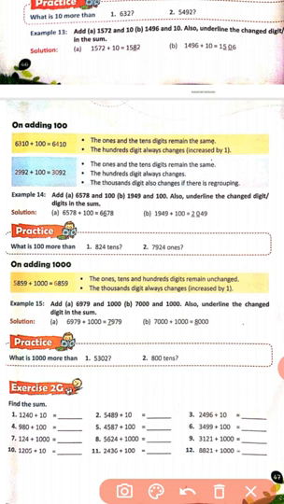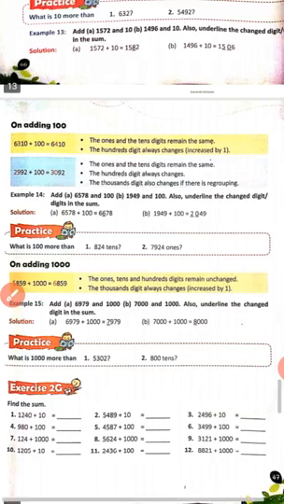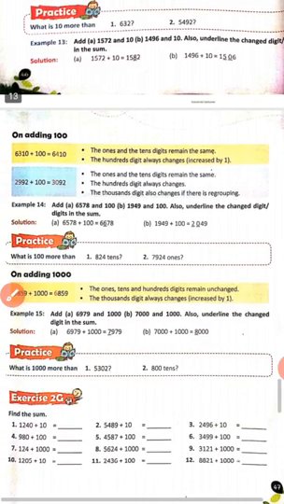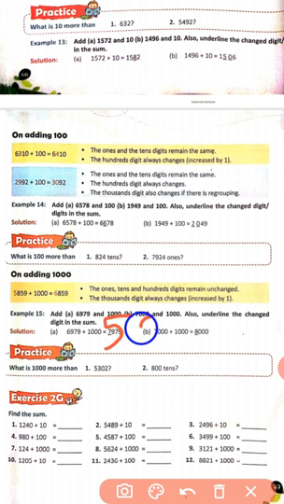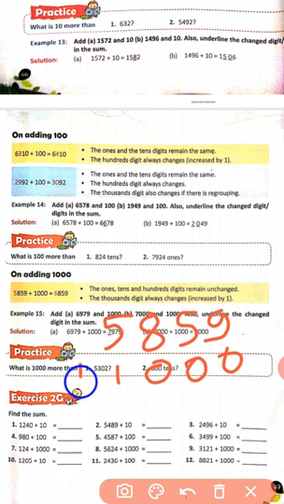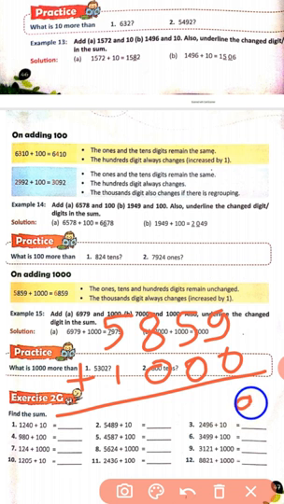Next, on adding 1000. Now we have to add 5859 plus 1000. 9 ones plus 0 ones is 9, 5 tens plus 0 tens is 5, and 8 hundreds plus 0 hundreds is equal to 8, and 5000 plus 1000 is 6000.